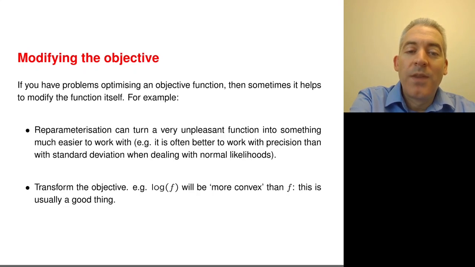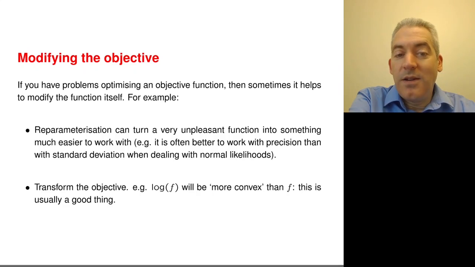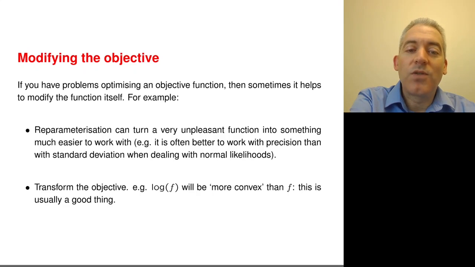So if you've got a strictly positive function, then you at least have the option of applying log to it. If it's not strictly positive, then you can't do that. But if it's strictly positive, you could log it. That will typically be a nicer function in many ways, and in particular, it will typically be more convex, and that is often good for the properties of these optimization algorithms.